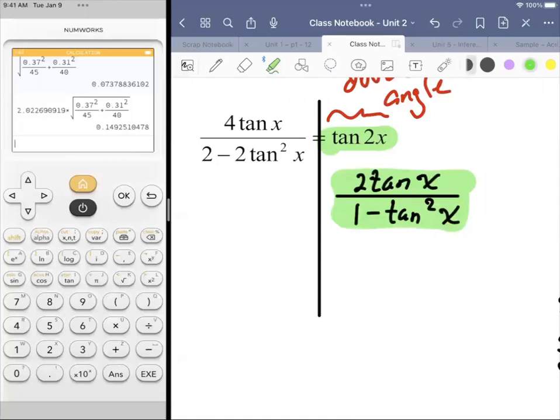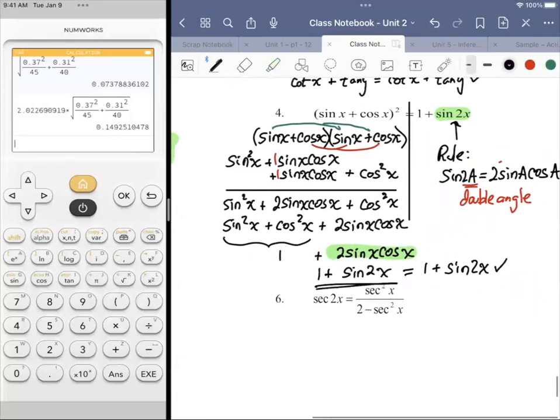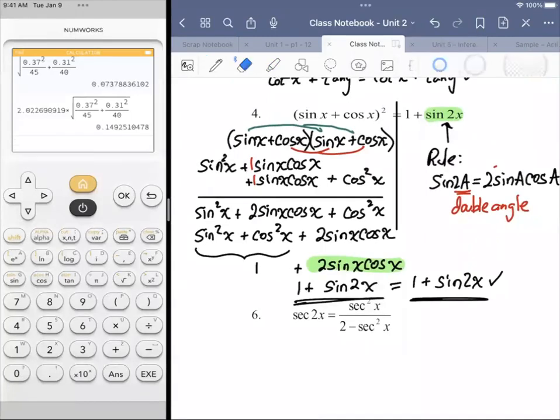Professor, I'm sorry. Are we finished with number 4? Yep. Because once we got the left side to equal the right side, that was it. I'm still looking at what I have written and I'm missing something. Is the rule that you're referring to right now, is that 2 sine x cosine x is sine squared x? Is that what you're referring to?